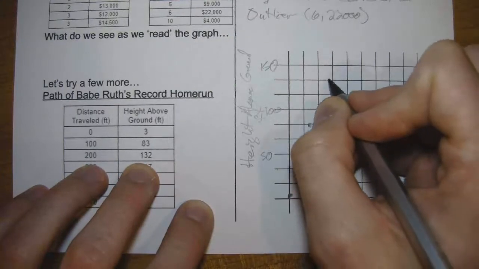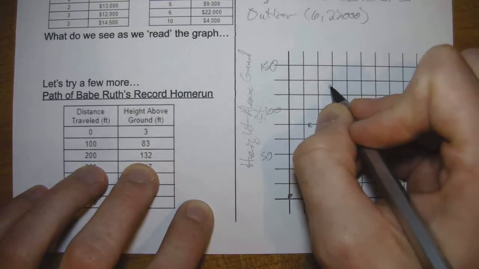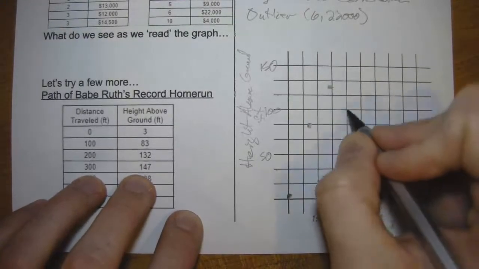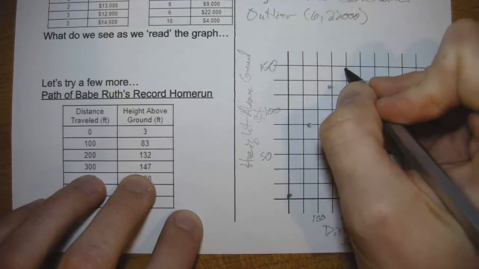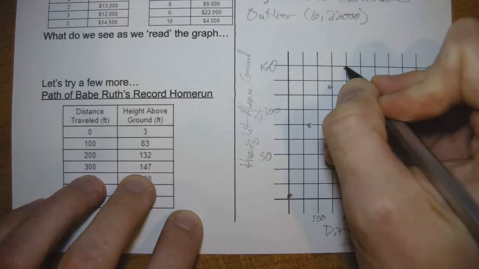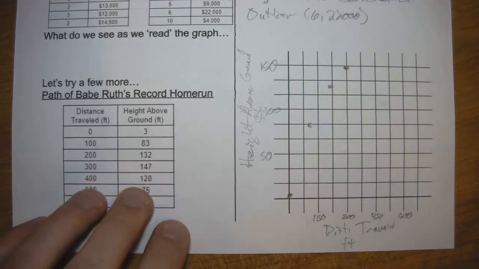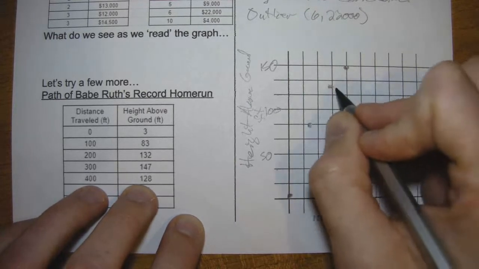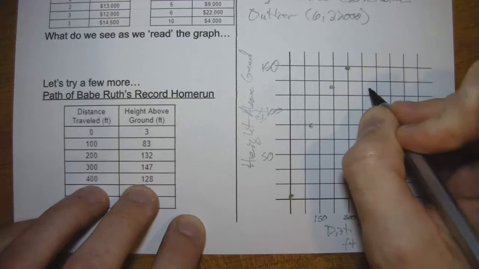I don't know, somewhere up in here. At 300, we're right at 150 just about, so we'll put it there. It's ever so close. At 400, there's 450, so 400 is about here, about 128. So that's going to be just a little bit lower than this point. I'm going to put it about here.